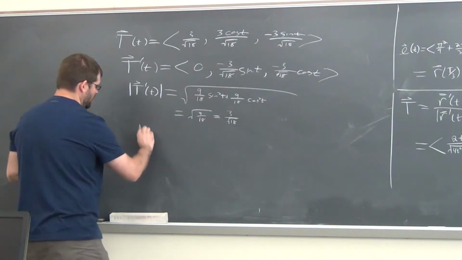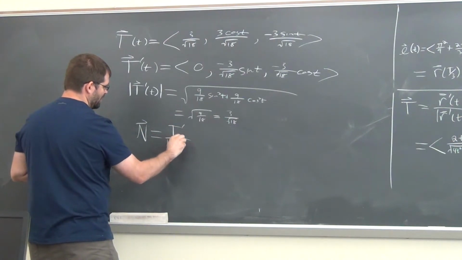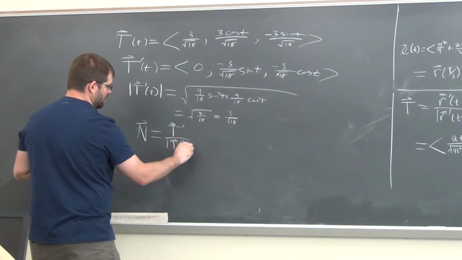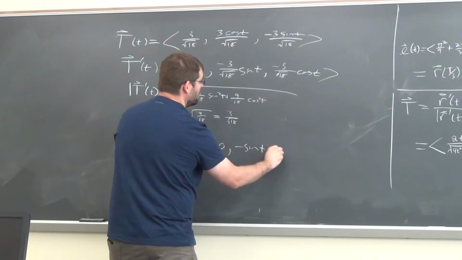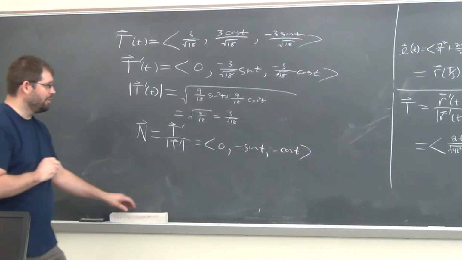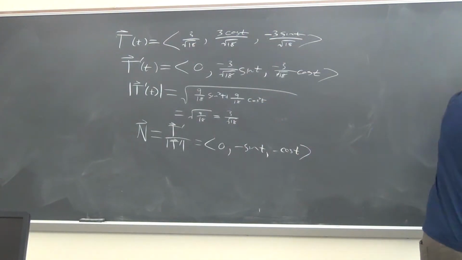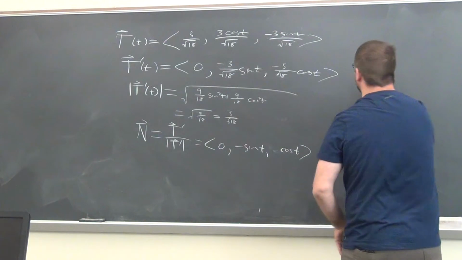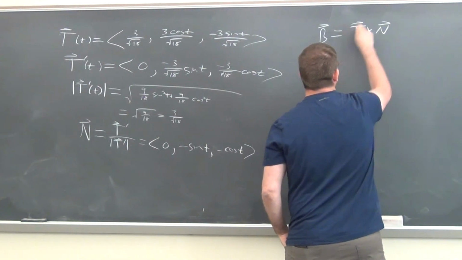And so your N, which is T prime over the magnitude of T prime, just becomes 0, negative sine, negative cosine. Is that okay? And then finally, B is just the cross product of those guys, and so B is just T cross N.